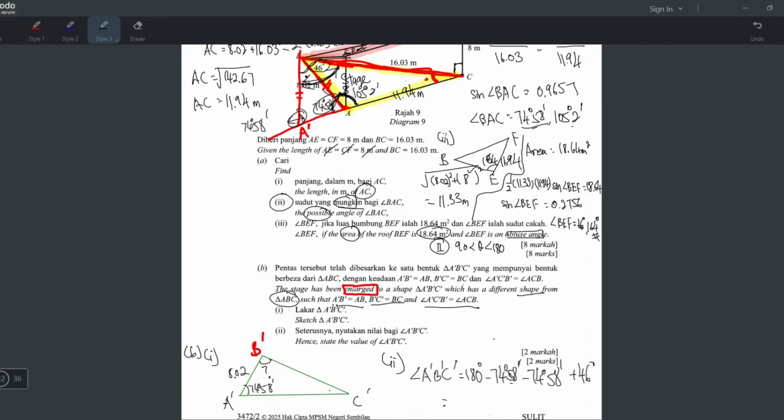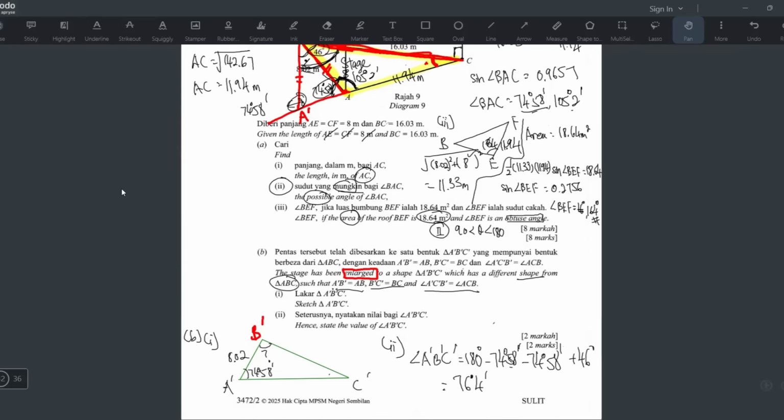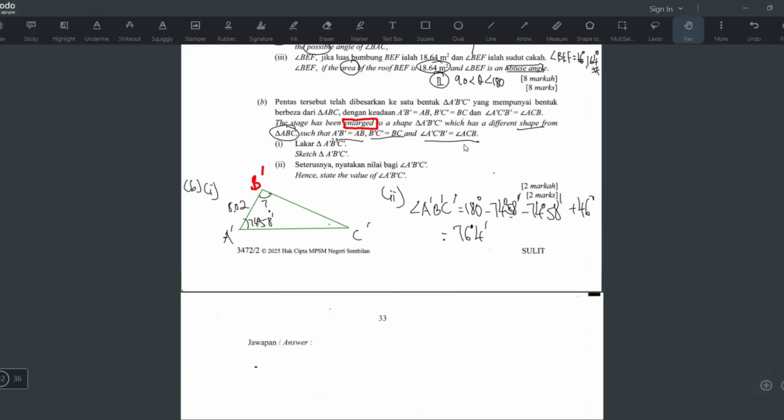Okay, so let me press 180 minus 74 degree 58 minute times 2 and then plus 46. Okay, I got 76.07 degrees. In degree minute is 76 degree 4 minutes. Okay, so that's all for this question. All right, so this is both 10 marks.